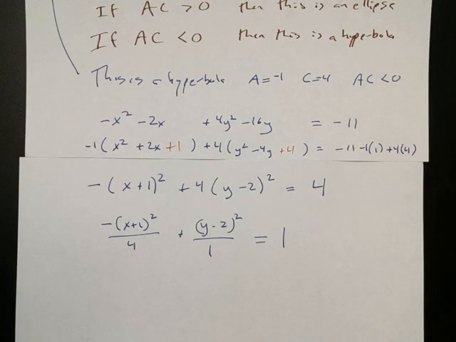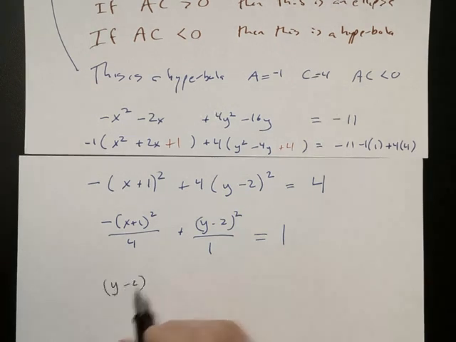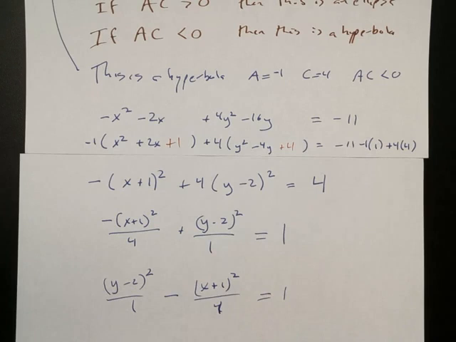I'm going to switch the order so that the subtraction is in the middle. And that means I write this y minus 2 squared over 1 minus x plus 1 squared over 4. That, strictly speaking, isn't necessary. But now I know what's a, what's b. Well, I know what's a squared, I know what's b squared. I know where the center is because I know h and k.